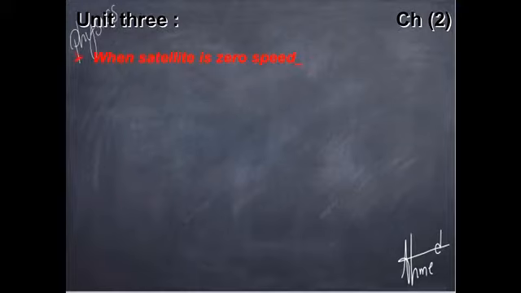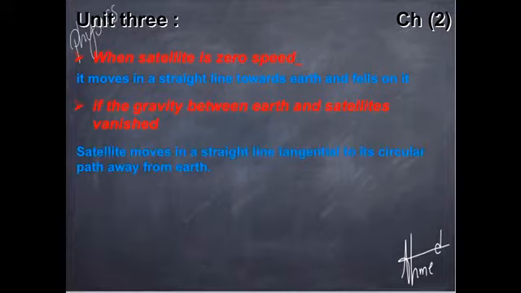When the satellite speed is 0, it moves in a straight line towards Earth and falls on it. If the gravity between Earth and the satellite vanished, the satellite would move in a straight line tangential to its circular path away from Earth.